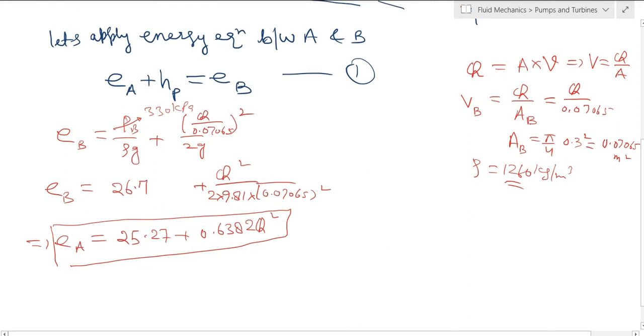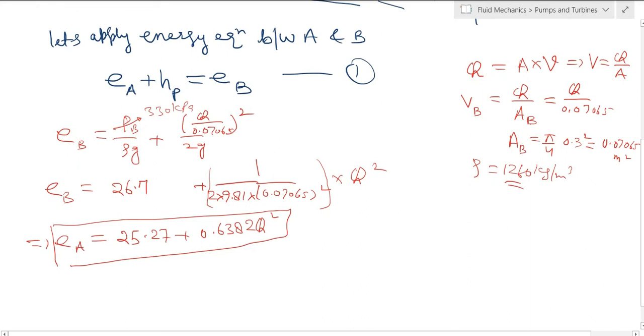When you solve this, let me erase this Q square here. I will put 1 here multiplied by Q square, right? Now when you solve all of this, it is going to be 10.2.